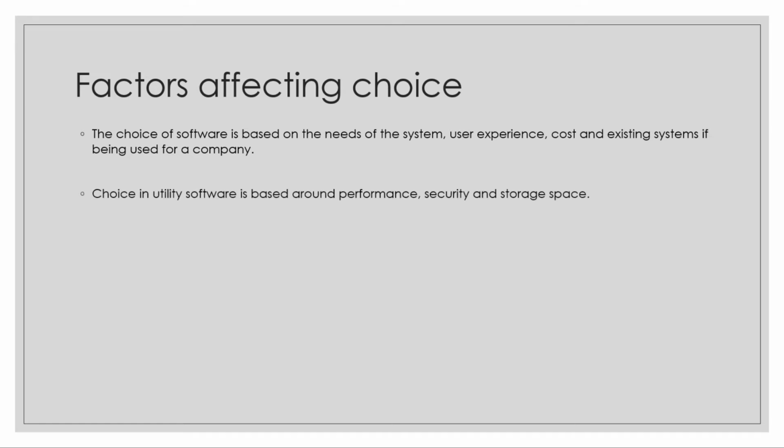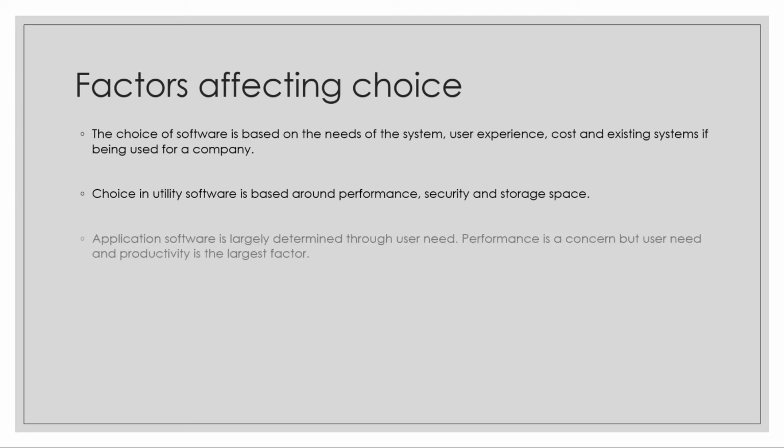A lot of utility software is based around performance and security, and storage, because some companies need a lot of storage space and it costs them a fortune to keep upgrading, rather than have utility software that cleans up that stuff and deletes it.